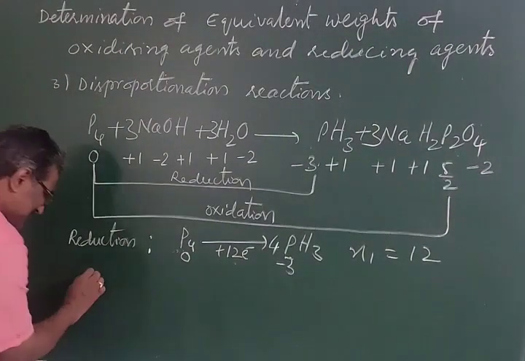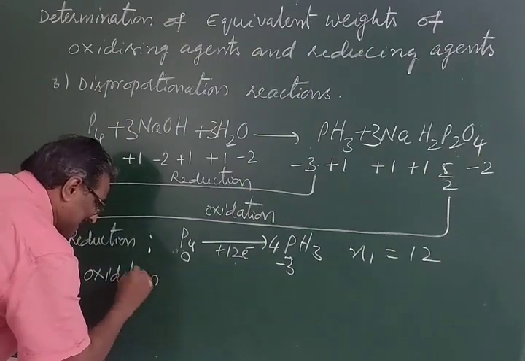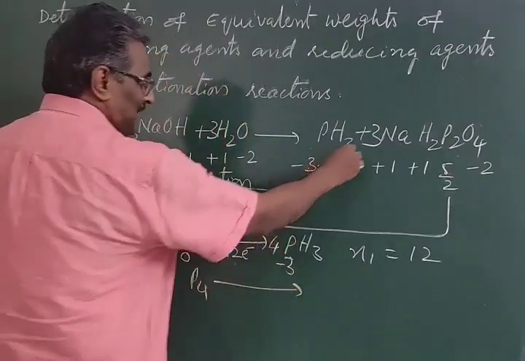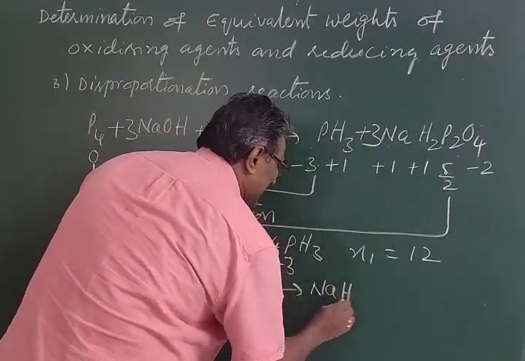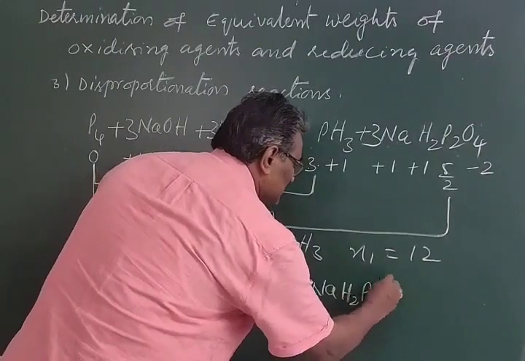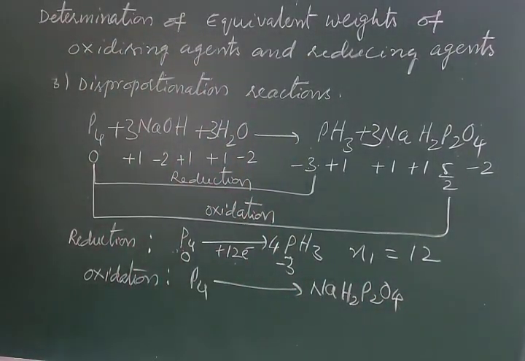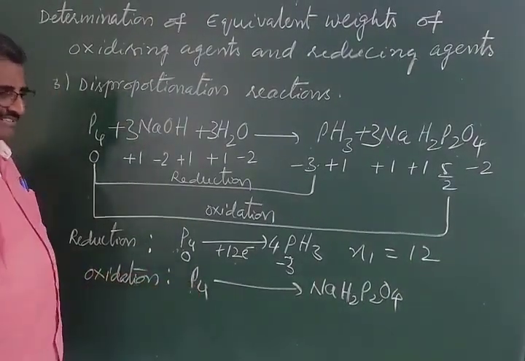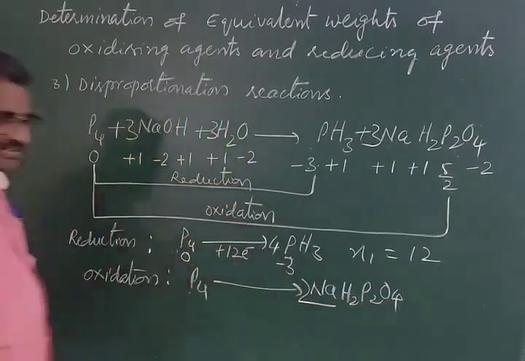Okay? Now let us take only the oxidation reaction. Let us consider phosphorus undergoes only oxidation. That means phosphorus changes to Na2, NaH2PO4, that is sodium metaphosphate. As there are 4 phosphorus atoms here, there should be 4 phosphorus atoms on the right side also.